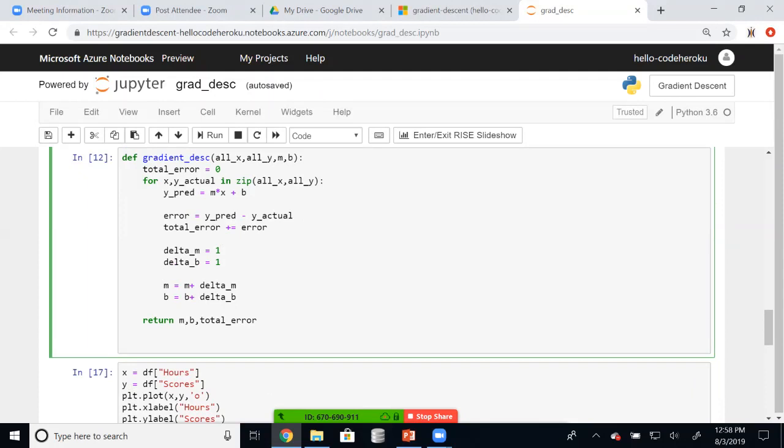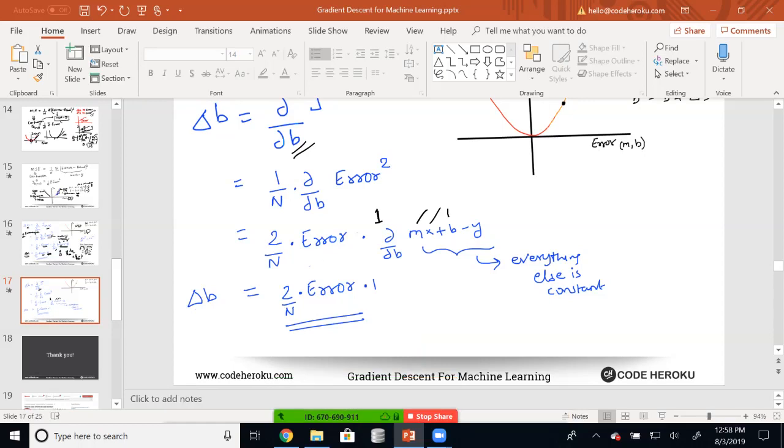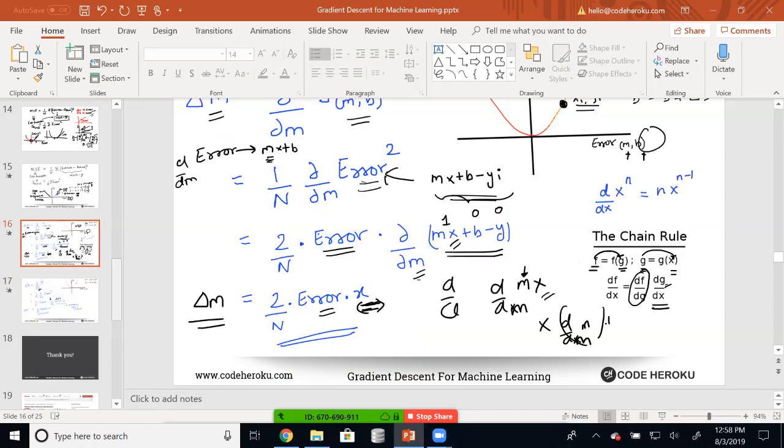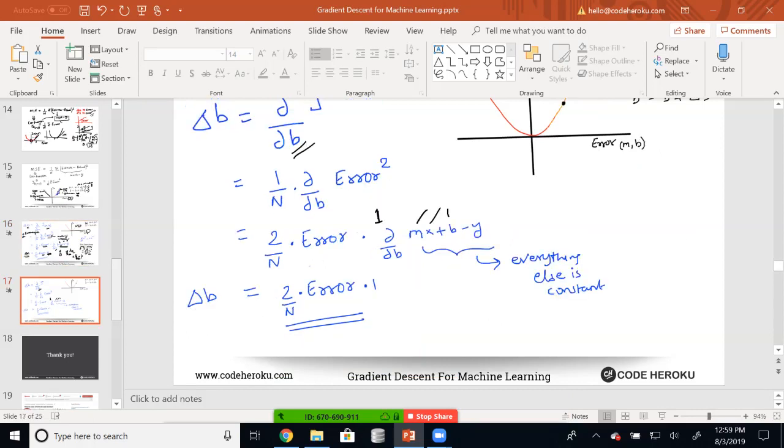We'll see why this doesn't matter in a few seconds, but just ignore 2 by n in both of these cases. Don't worry about that, because it is a constant and we'll take care of it in one step. We're just left with one more step over here, and I promise that our gradient descent algorithm will be able to find the line that we are looking for. So ignore the 2 by n. Take everything else from the formula, and can you write that in the equation over here?